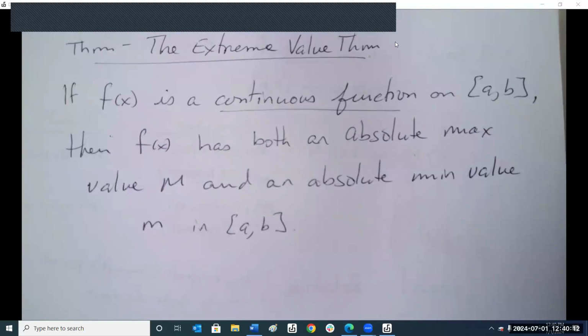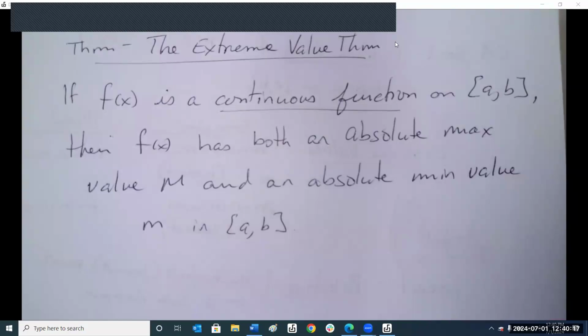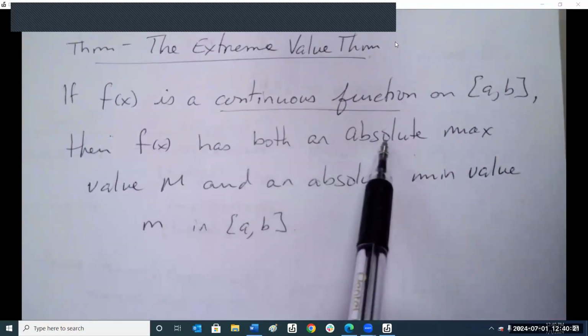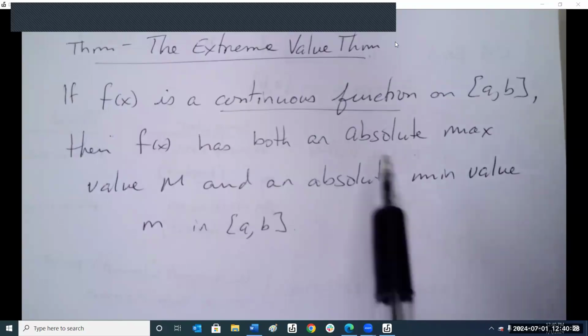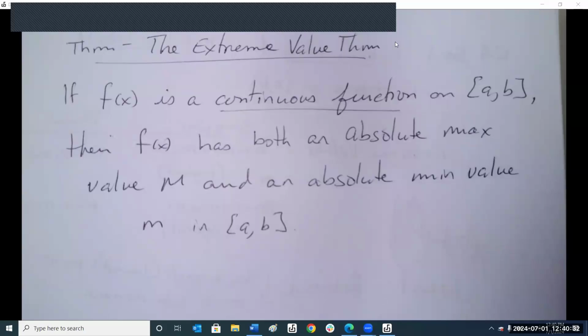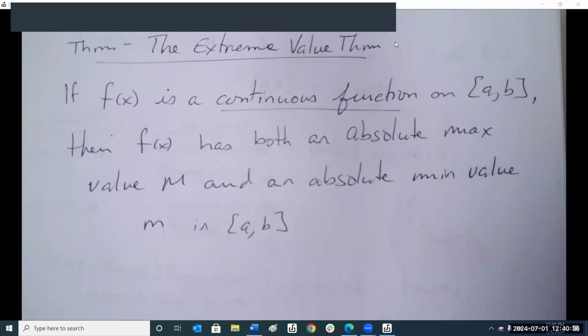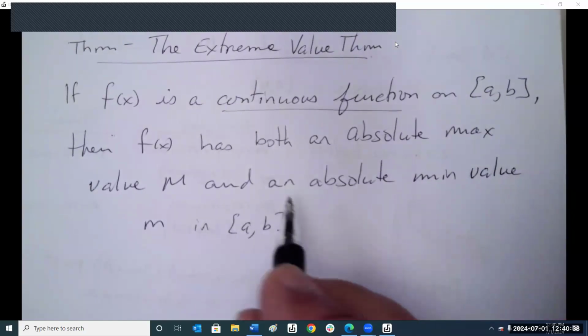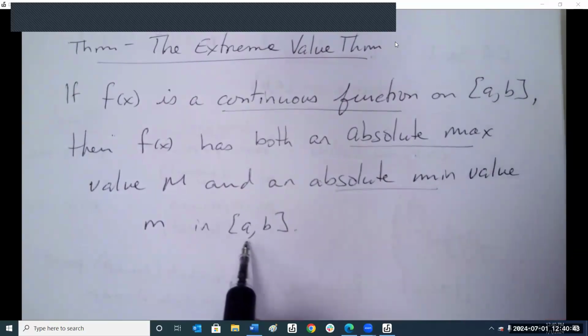So with a continuous function, unless it's a horizontal function, you'll have both an absolute maximum and a minimum, at least one in there. Either you can have them both, or, since it's a closed interval, you have to have them both. So that is true: you'll have an absolute max and an absolute min in that interval.